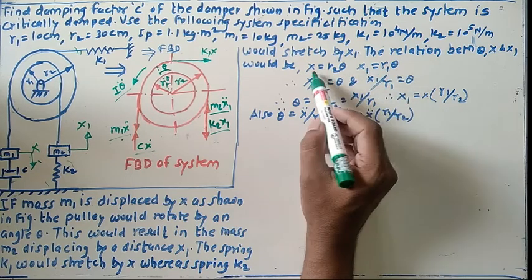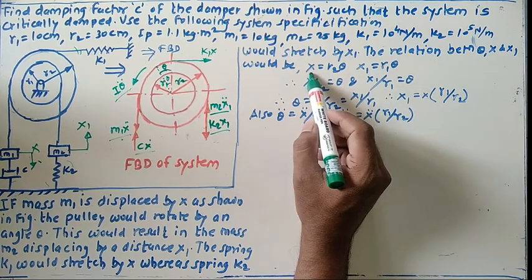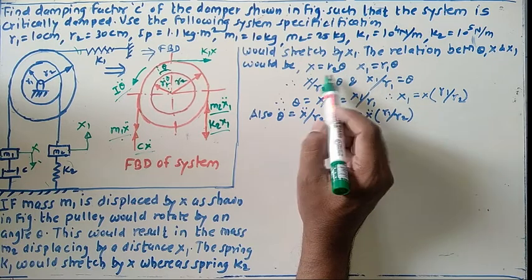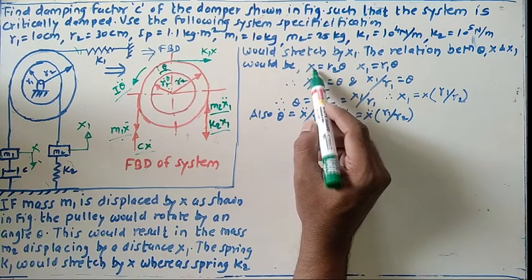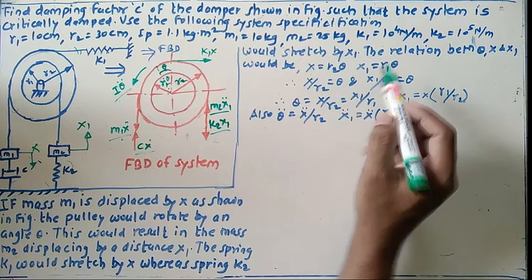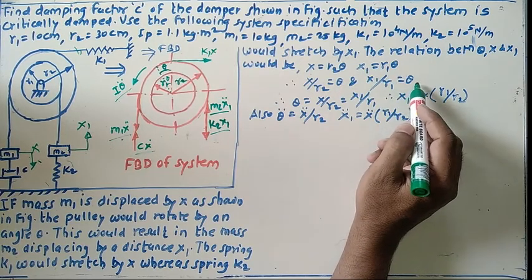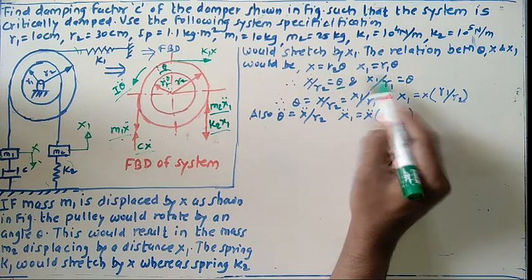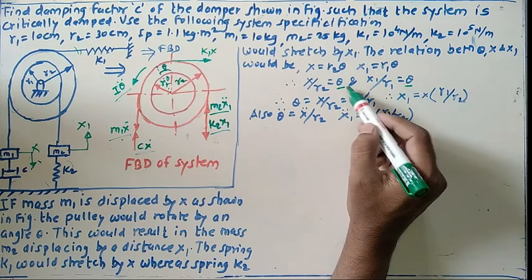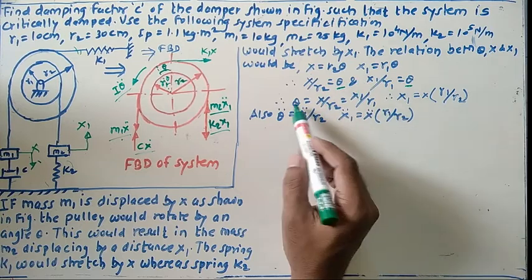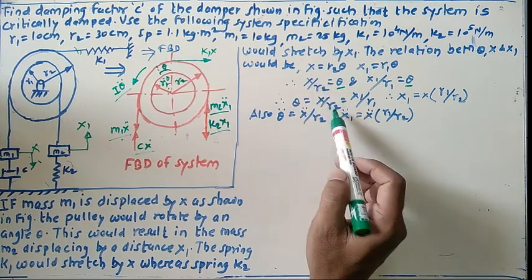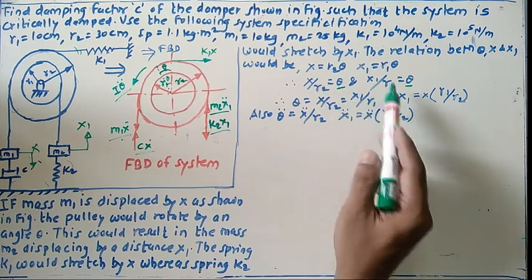If you see the relation x equals r2 into theta, we get x divided by r2 equals theta, and in the second relation x1 divided by r1 equals theta. Theta is the same, so can we equate the left sides? You get theta equals x divided by r2 equals x1 divided by r1.